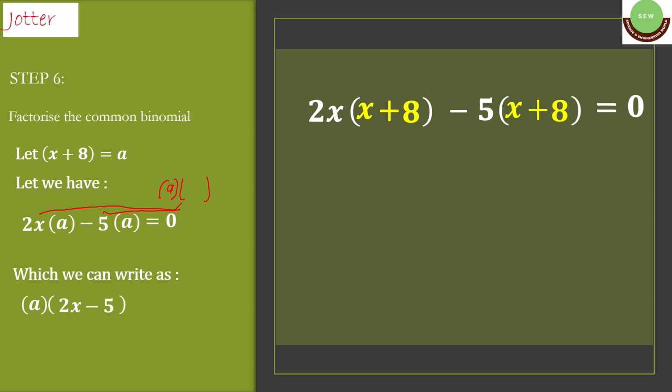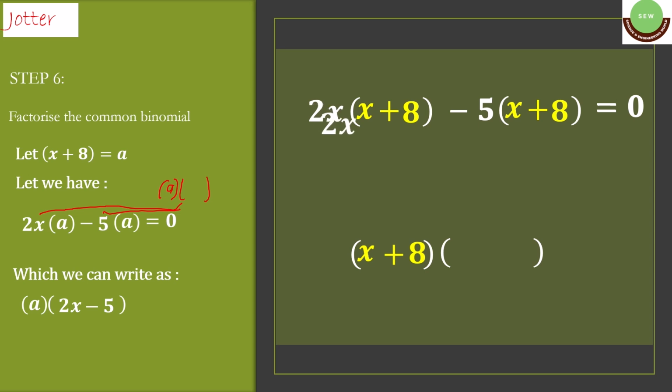So let us transfer that into the equation. Transferring that there, that means we are taking a, that's the first a, which is x plus 8, which is one of the brackets, into one bracket, and then we're taking the terms outside into another bracket.